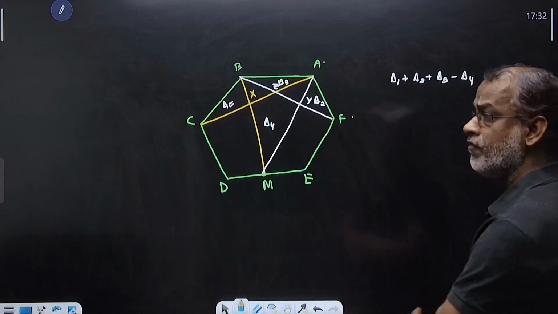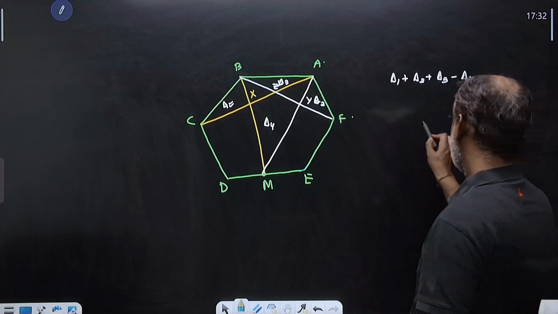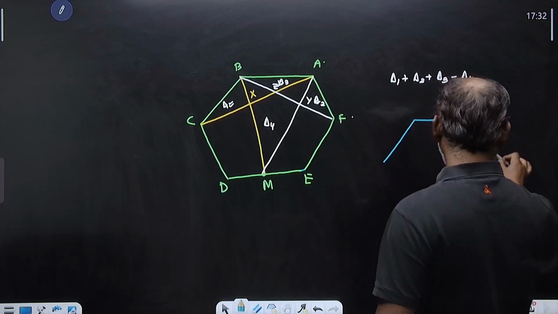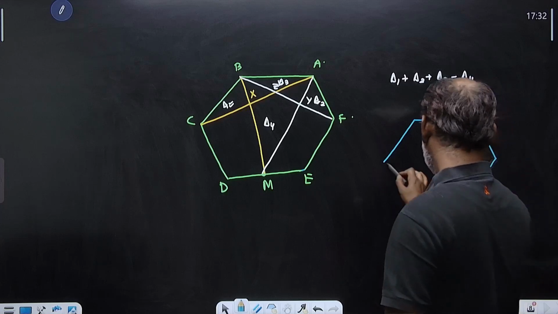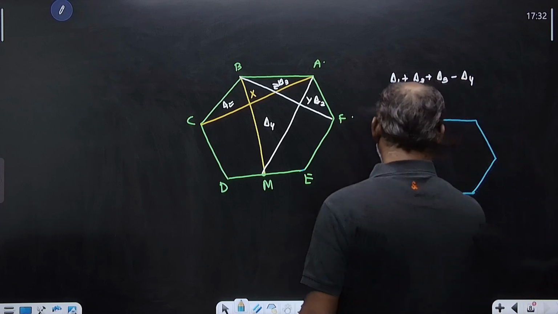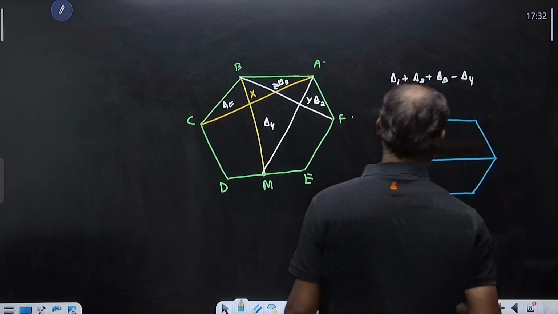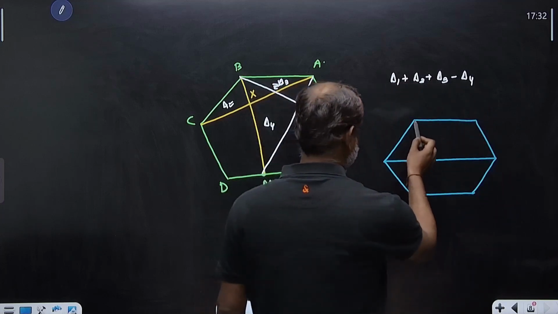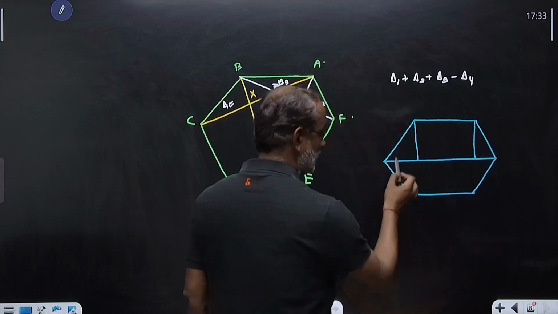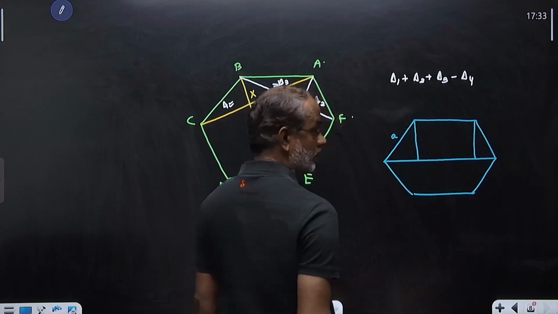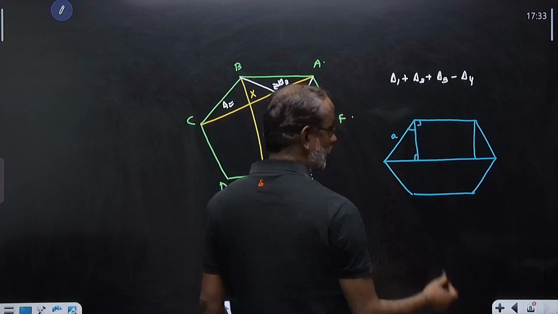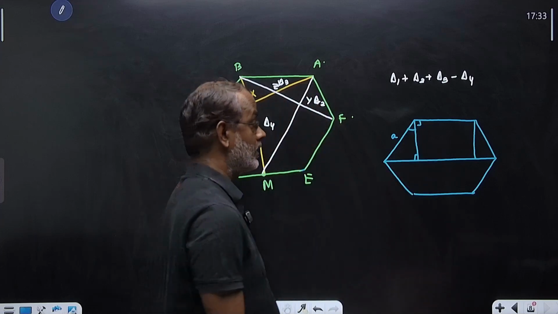So, insofar as a regular hexagon is concerned, please have these things in mind, okay? Suppose this diagonal. So if you draw these two perpendiculars, if this side is A, this is 90 degree, this is 90 degree, so this angle is going to be 120 minus 90, 30 degree.